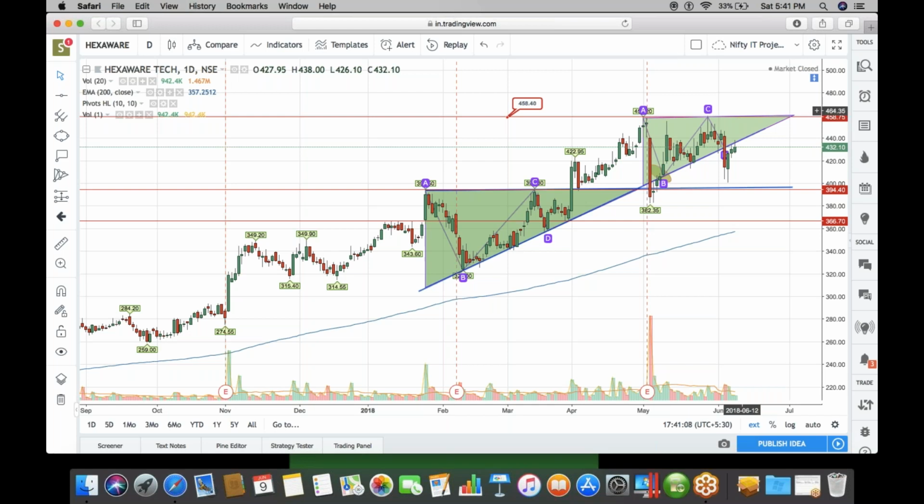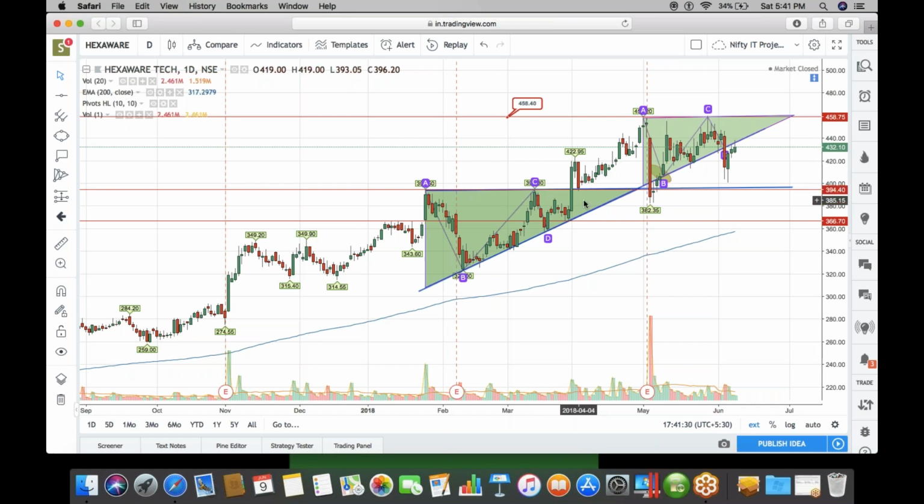Now understand a few more things. The one problem with triangles is that there are a lot of false breakouts which happen. Say there will be a breakout and prices will again come down into that triangle. This is one of the problems which triangles have.